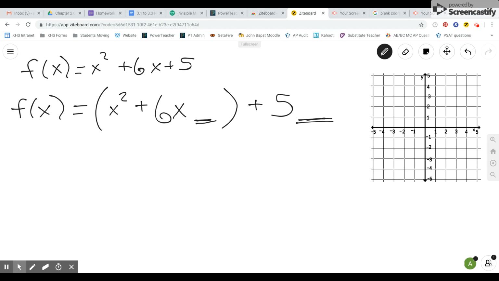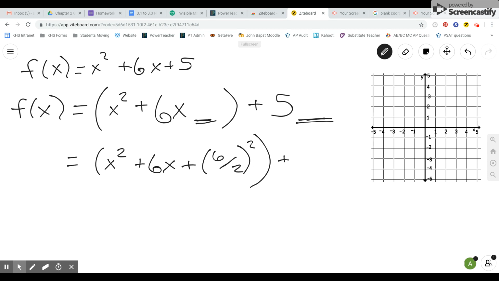Remember, in order to complete the square, we take that b term, so we take 6, divide it by 2, and then square it. If I were just to stop right here, I'm changing my equation. I'm adding 6 divided by 2 squared, which is 9.